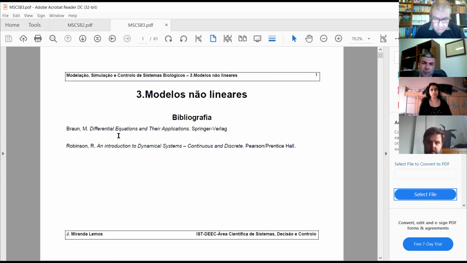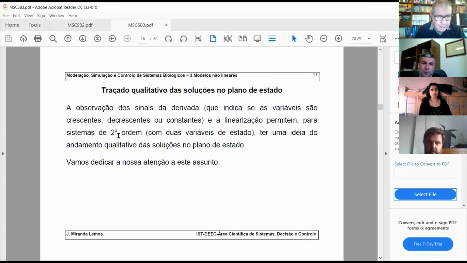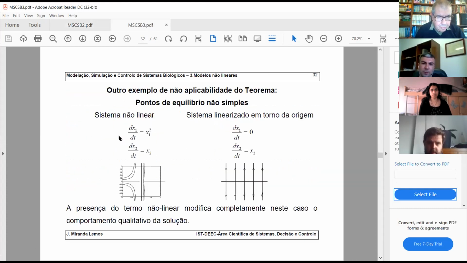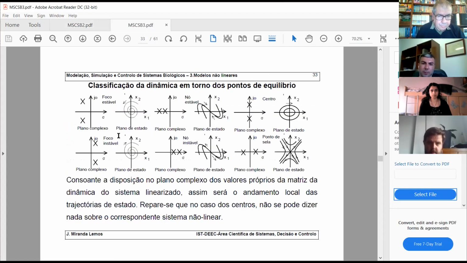Can you see it? Classificação da dinâmica em torno dos pontos de equilíbrio. Yes. Okay, so you have the position of the eigenvalues in the complex plane, and you have the phase portrait.